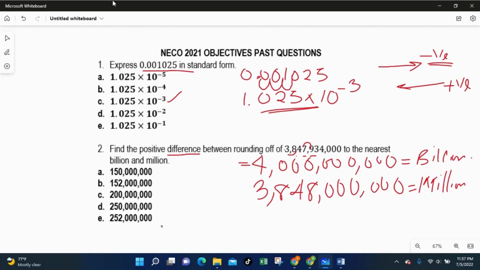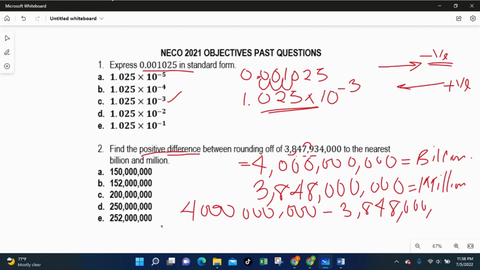Having gotten these two values, you are asked to find the positive difference between them. So the positive difference will be 4,000,000,000 minus 3,848,000,000.